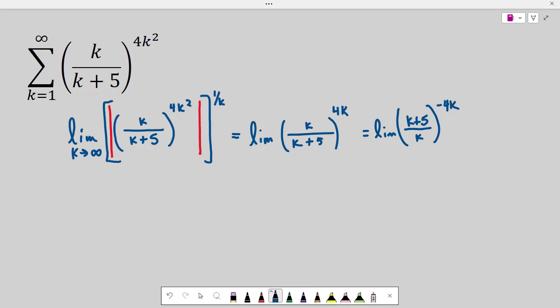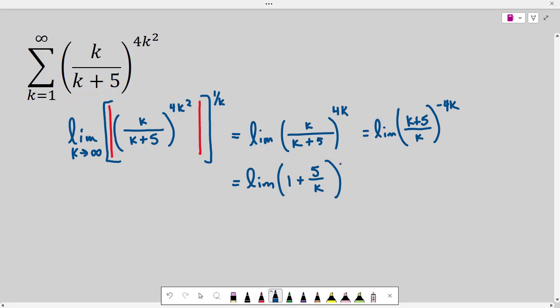And then we distribute to put it in that standard form, that standard E form. And we look at these two coefficients there. And this will be e to the negative 20.